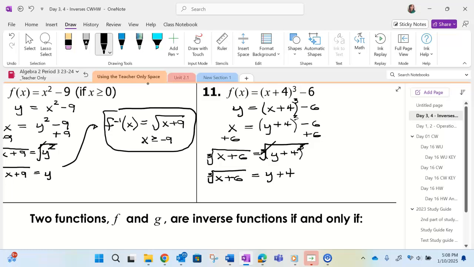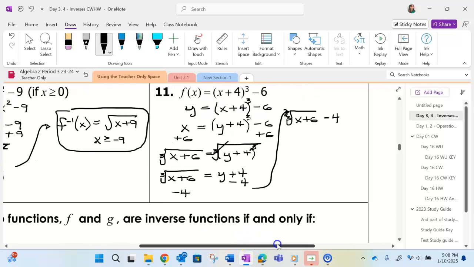Again, we're solving for y, so we're going to subtract 4. Now, this minus 4 does not go with any of this stuff. Your answer is the cube root of x plus 6, minus 4 out to the side, equals y.